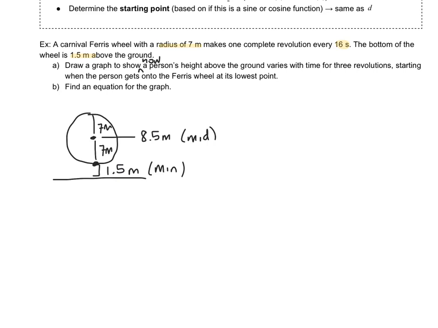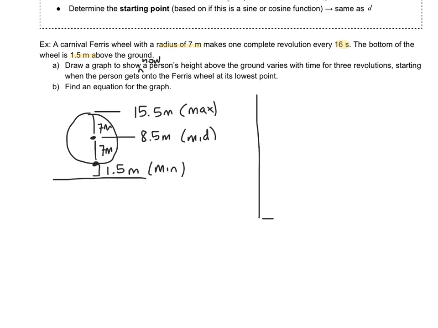And then if we add another 7 meters just to get to the maximum height, that will be 15.5 meters. So I'm just adding the radius to the 1.5 2 times to get my midline and my max. So now that I have those 3 key lines, I can start a sketch for myself.